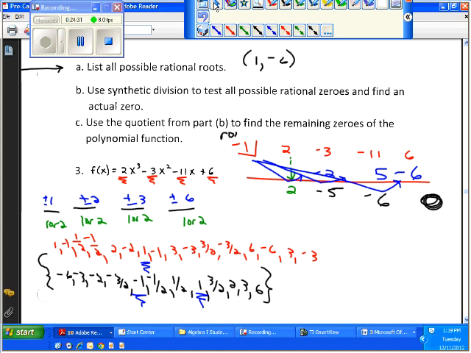So this is a root. We found all the possible rational roots, and we're trying them randomly to find one that works. Okay?